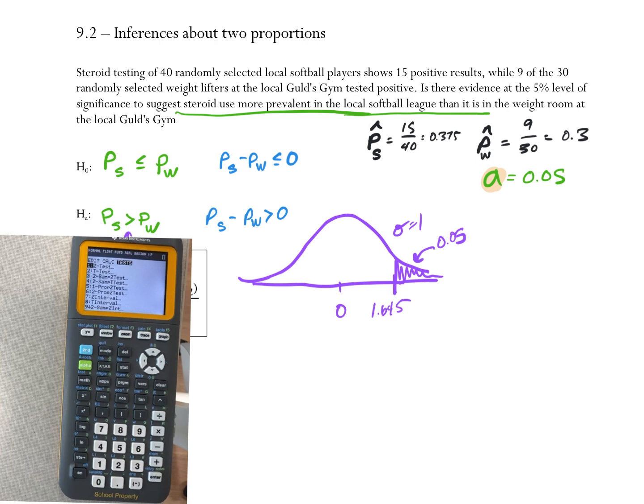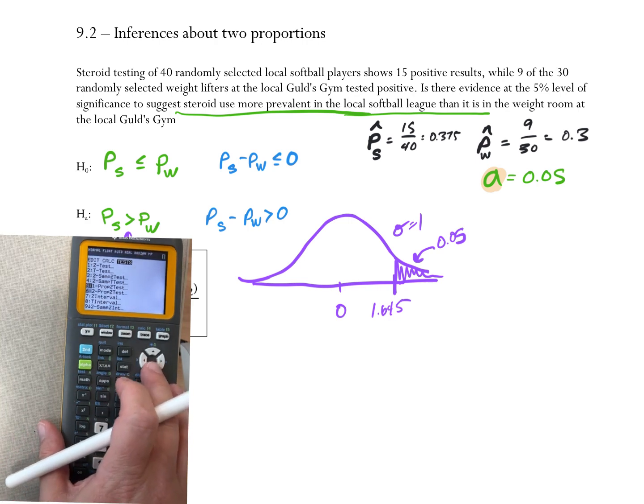Which one do you think we should pick? We're not going to pick the 2 sample z-test. No, we're not doing the 2 sample z-interval. Because this is about a proportion, we're going to pick 2 prop z-test. Is everybody with me? Two samples means it's 2 proportions. So we're doing a z-test about 2 proportions. Okay? So 2 prop z-test is option number 6.